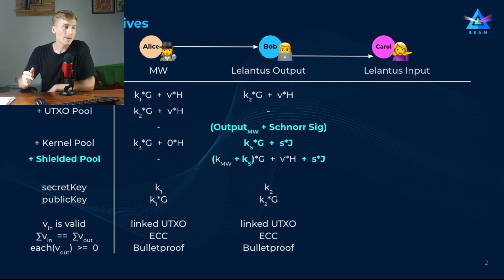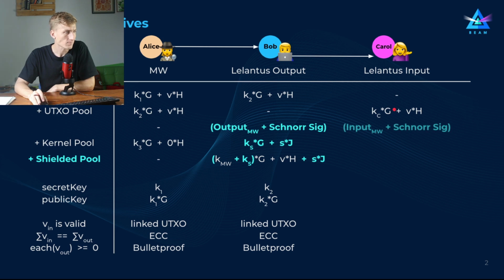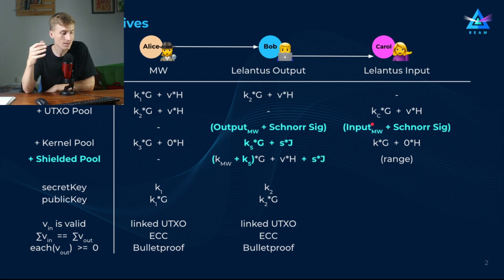When Carol spends the Lelantus as an input, let's take a look at this, okay? So remember, she's not going to remove anything from the UTXO pool, but she will add one for whoever the recipient is here. The would-be input is taken from a range of the shielded pool, okay? So Carol still needs to have some commitment to prove against.